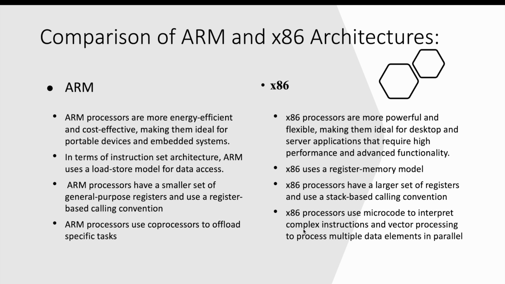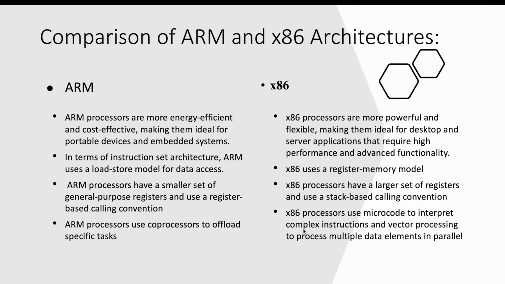Also, as I was previously mentioning, ARM uses coprocessors to offload specific tasks, while x86 processors use microcode to interpret complex instructions and vector processing to process multiple data elements that could be run in parallel.